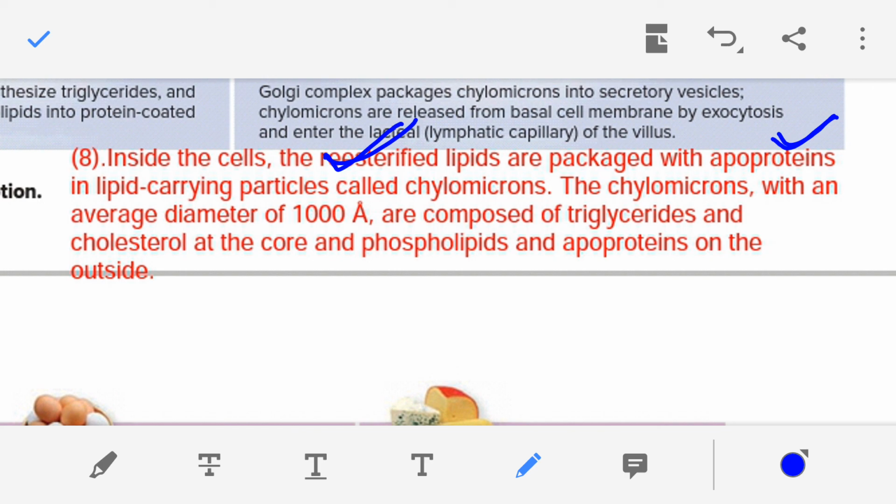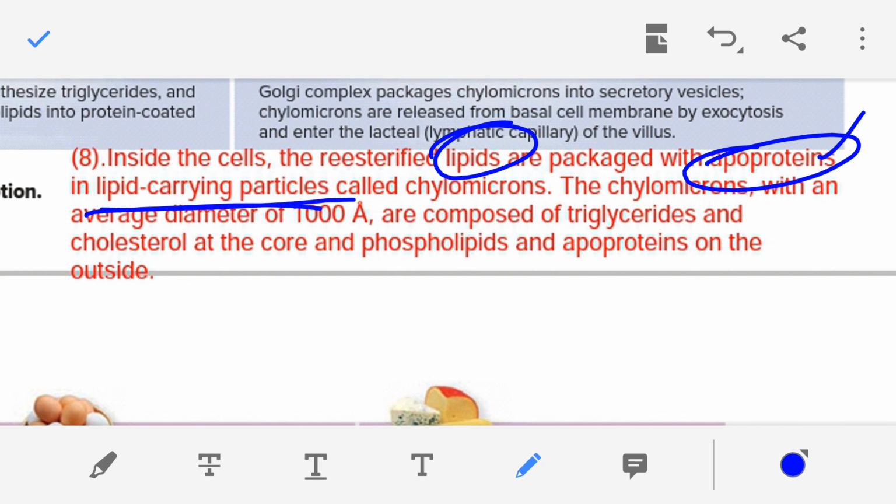Now, this newly synthesized lipid in the cytoplasm of the enterocyte cell is packaged with the apoproteins. How is this packaging taking place in the cytoplasm? So, these lipid digestion products from which the new lipids are synthesized combine with the apoprotein and lipid carrying particles are formed, and these lipid carrying particles are known as chylomicrons.